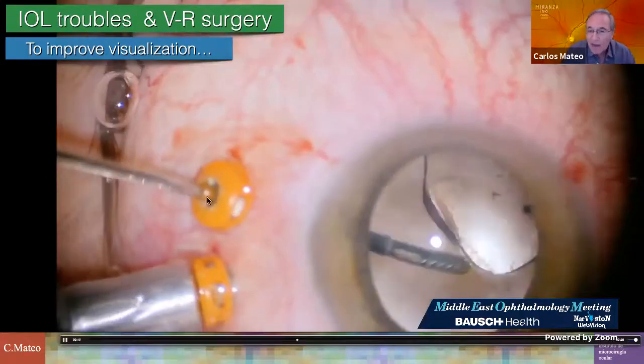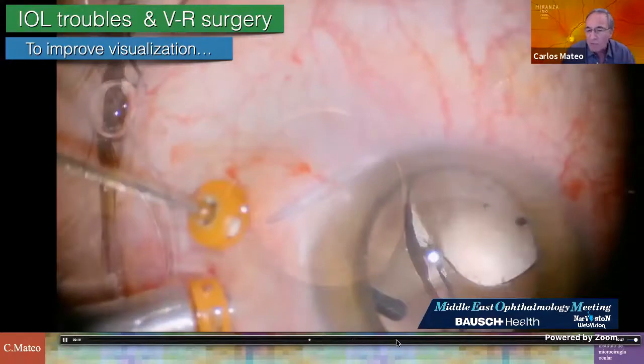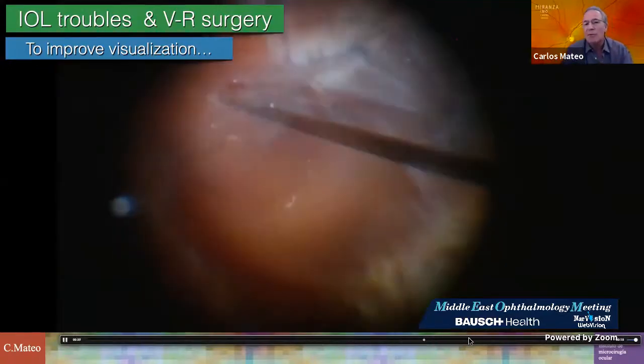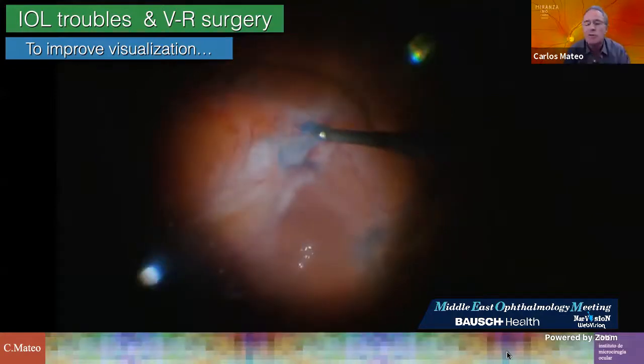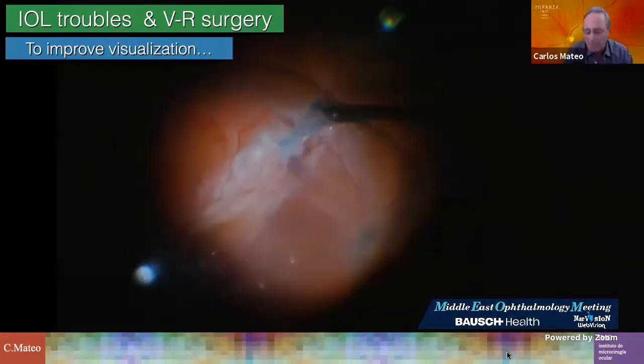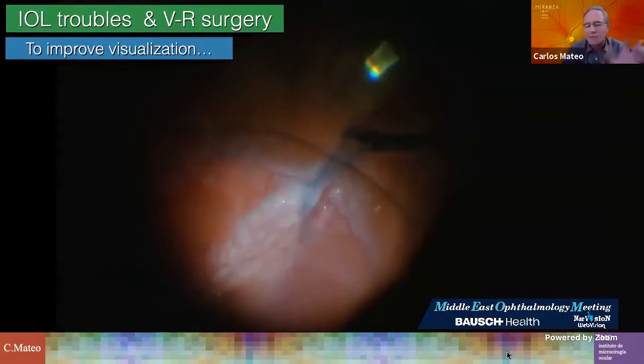And then when I have a good visualization, I proceed with my vitrectomy, peeling membranes, and everything. This is impossible to do if you have a very bad visualization with opacification in the capsular bag.